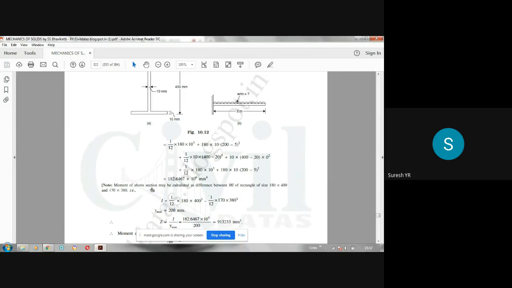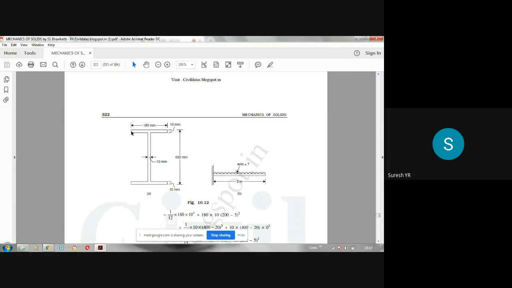So moment of inertia can be calculated by the difference between moment of inertia of rectangle of size 180 by 400. What does that mean? 180 is this, 400 is this, that means if you enclose this bigger rectangle, from that you have to deduct this smaller rectangle.